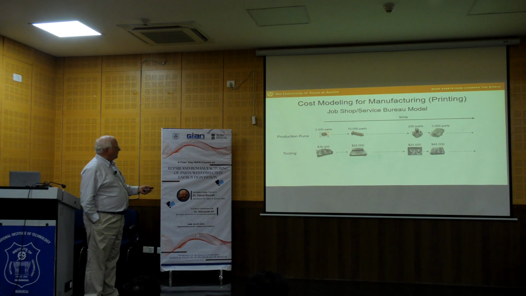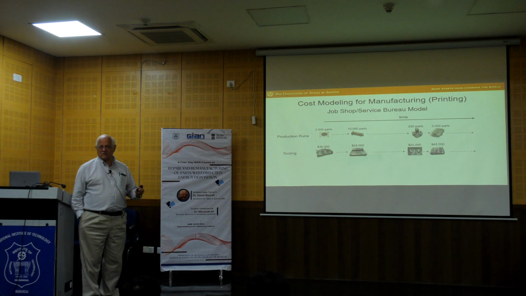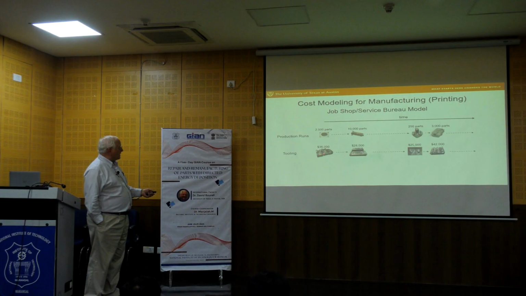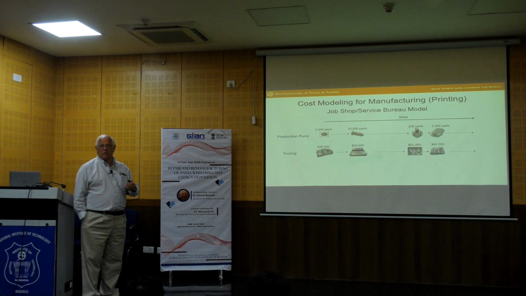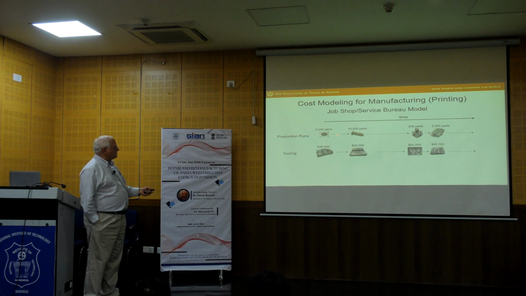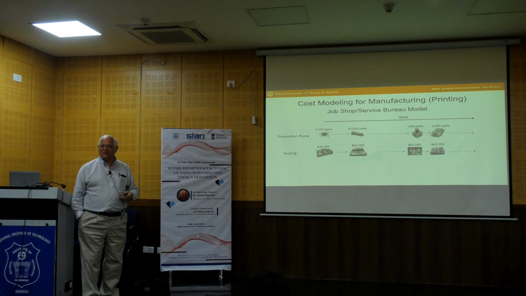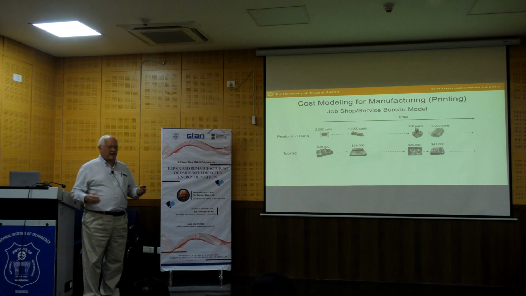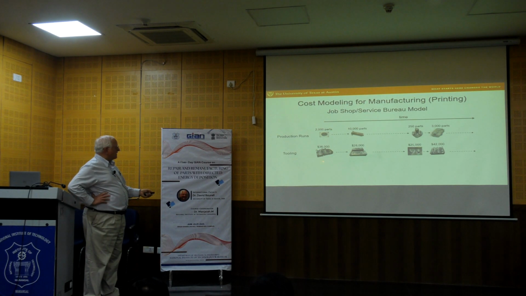So we might spend, say, $36,000 on a die set to make these parts, say we were die casting them. But once I finish those 2,000 parts, this die set really has no value, right? It's not good for anything else. I can't use this die set to create these other parts. It can only make these parts.